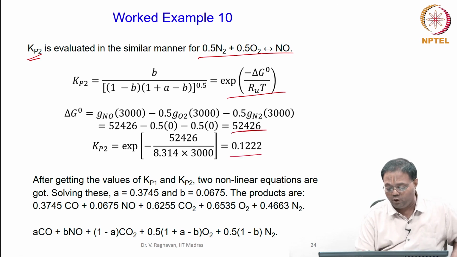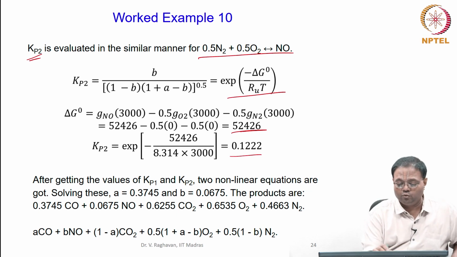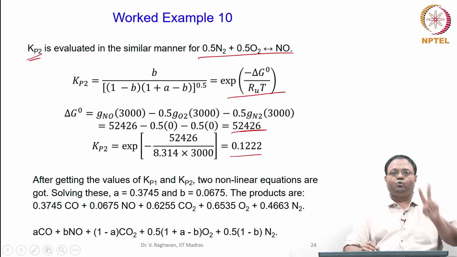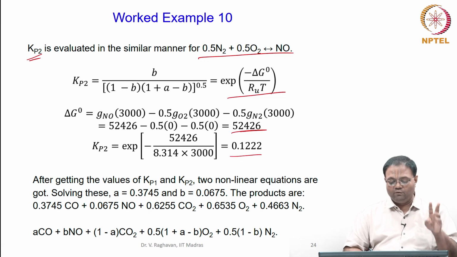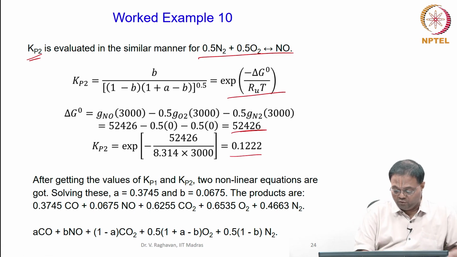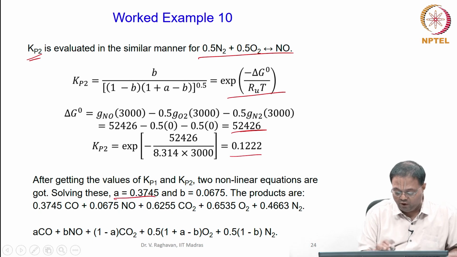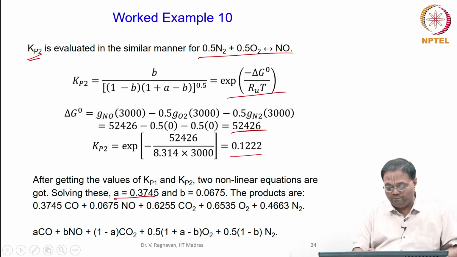Kp2 will be 0.1222, that will be equal to this equation. So you have formed now two non-linear equations involving A and B, and while solving these two non-linear equations, you will get A value as 0.3745, B as 0.0675.